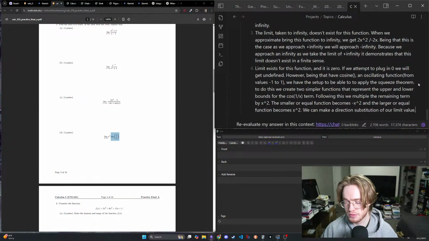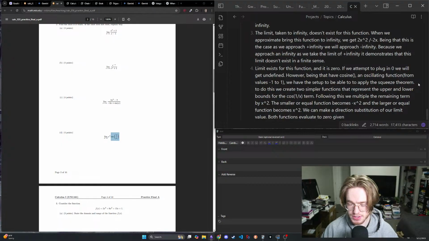The value both functions evaluate to is 0.